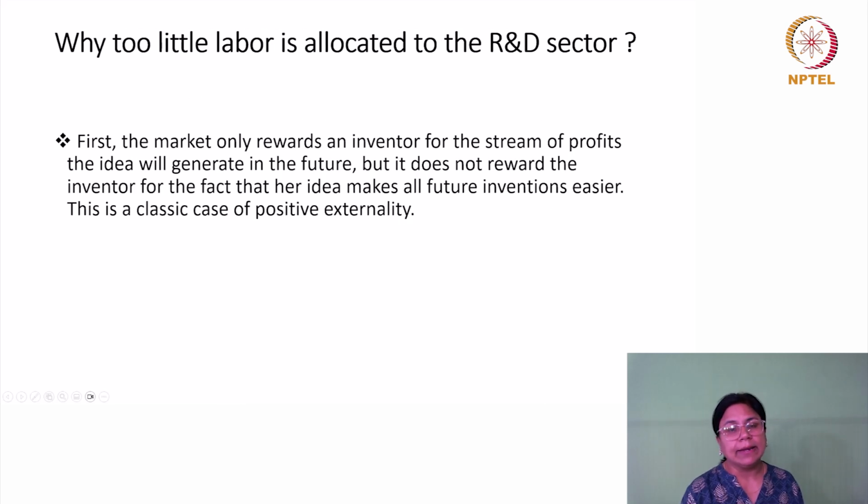We find that in reality, many a time you will witness that very little labor is allocated to the R&D sector. This is the market failure which we have also talked about earlier, where the inventor may not be able to get all the rewards from an invention through a profit stream, and some of them will spill over, which is a classic case of a positive externality.